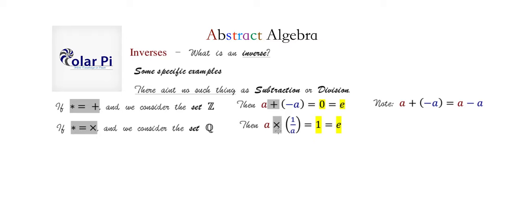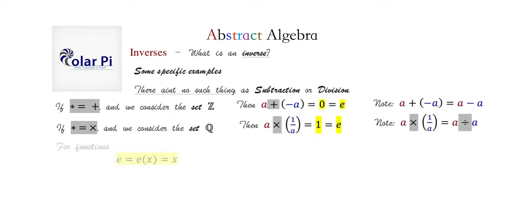More generally, we can think of a times 1 over a as a divided by a, and it is in this sense that there's no such thing as division. It's simply multiplying by the inverse of some number. For example, a divided by b is the same as a times 1 over b, where 1 over b is the inverse of b.